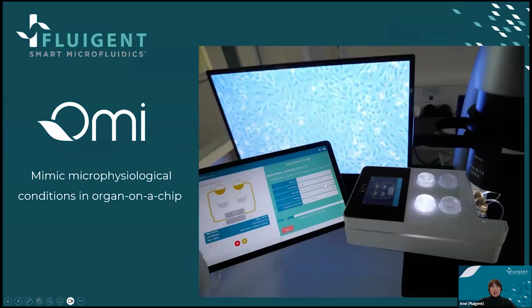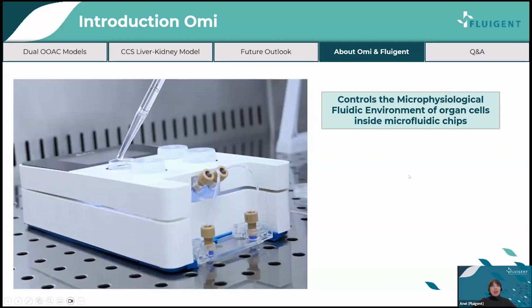So here you can see the Omi portable system that can be controlled with a tablet, and it can maintain the cell culture inside the incubator for several weeks, and it allows the monitoring of the cell culture live, like you can see in the picture.